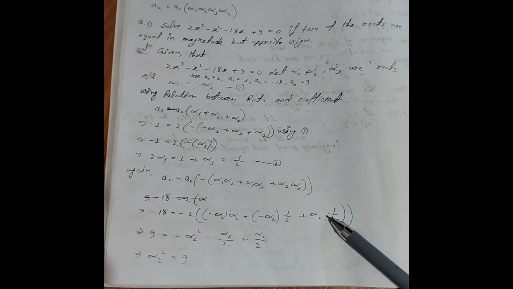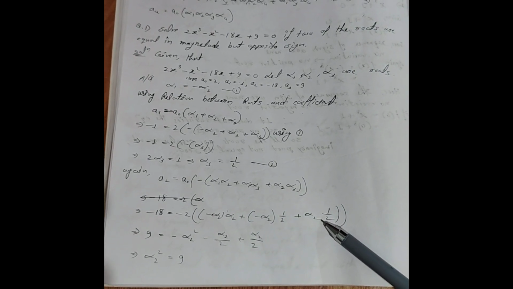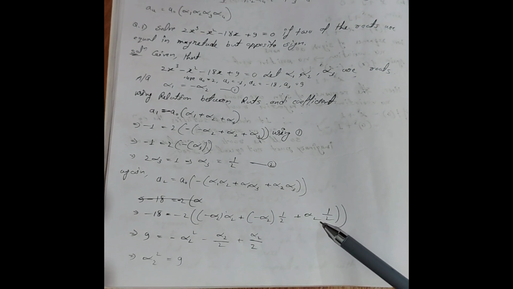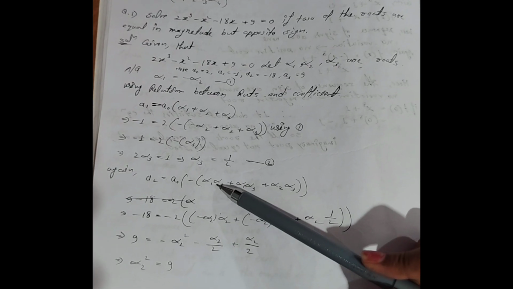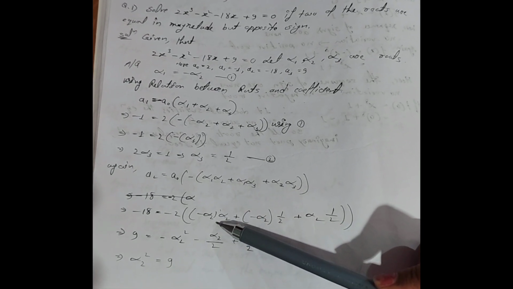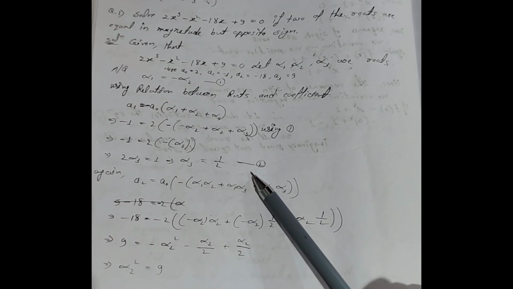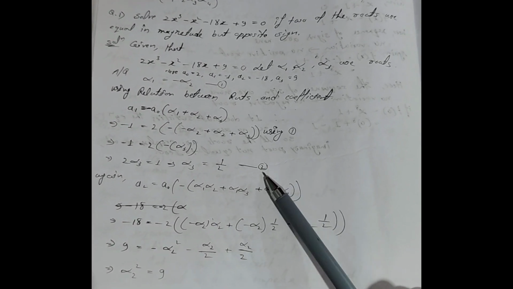So after putting the value of a2 and a0, and in place of alpha 1 we'll put minus alpha 2, and in place of alpha 3 we'll put half that we get from equation number 2.